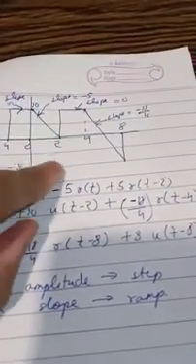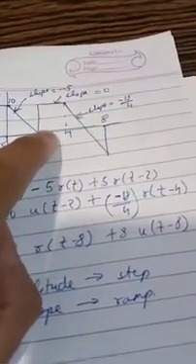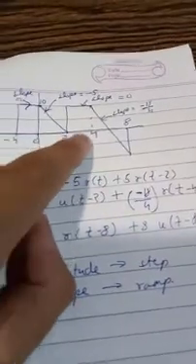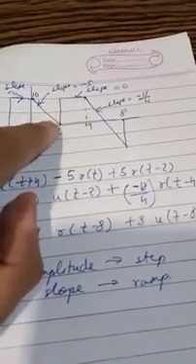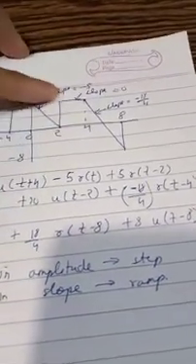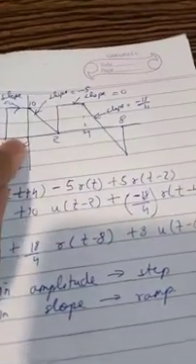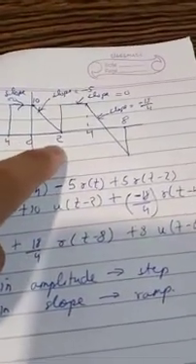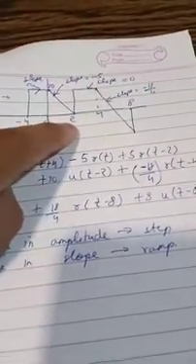So it is represented by +5 r(t-2), because slope goes from -5 to 0. So we represent it by 5 r(t-2), and the sudden change in amplitude from 0 to 10 is represented by 10 u(t-2). So at t equal to 2, there is both ramp signal and a step signal.